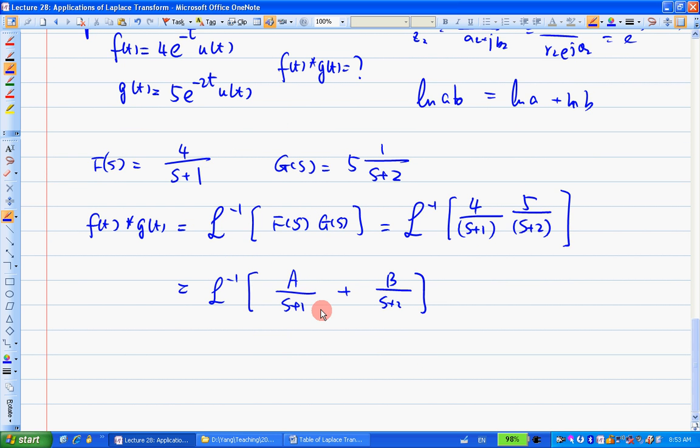The reason you can do that is, if you put these two back into that format, the denominator is still s plus 1 multiplied by s plus 2. The only question is, you need to find a proper A and B such that it gives you back this 20 here. That's basically the purpose. How do we find A and B? I'll show you later. We have a formula for doing that, but there are different ways. For now, let me just tell you what A and B are: one is 20 and one is negative 20.